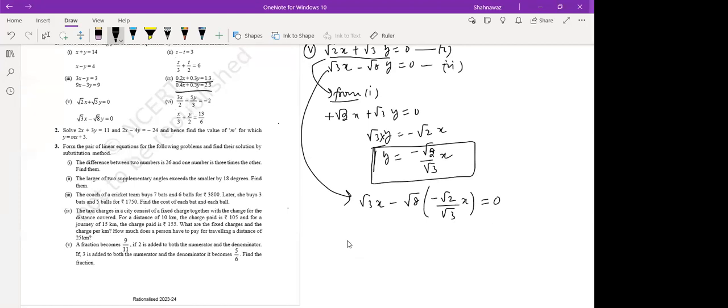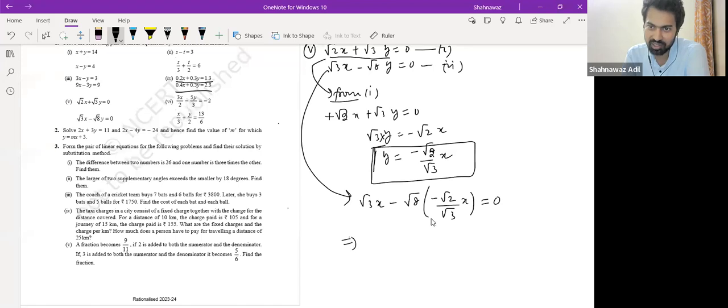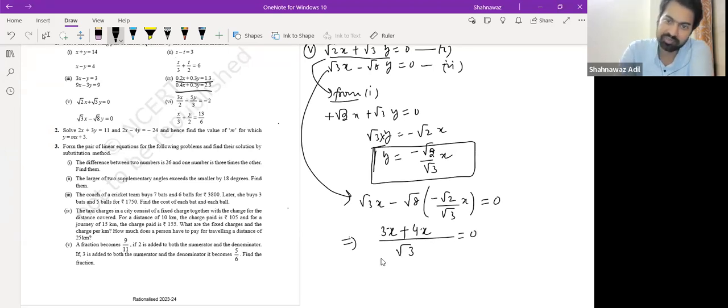Then we can take the LCM, which would be root 3. This would be root 3 into root 3, so 3x, and this is root 8 into root 2, plus root 16, which is 4x, equals 0, right?